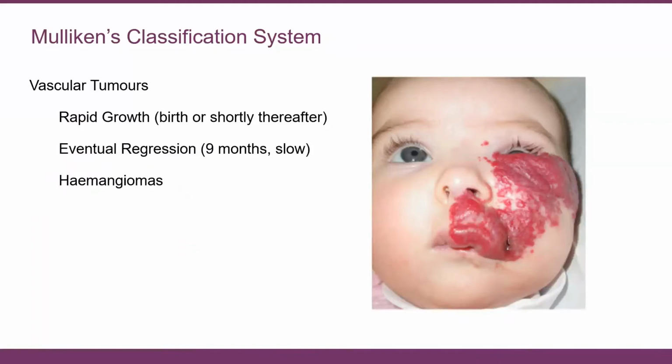These tend to be rapid growing. They can be present at birth or very shortly after birth. And in many cases, you will see these regress from probably 9 months onwards from birth. A typical example is a hemangioma, as you can see in this picture on the right-hand side.